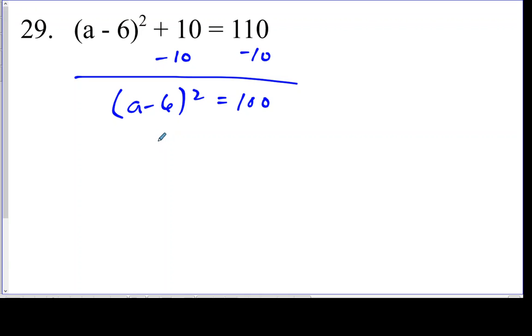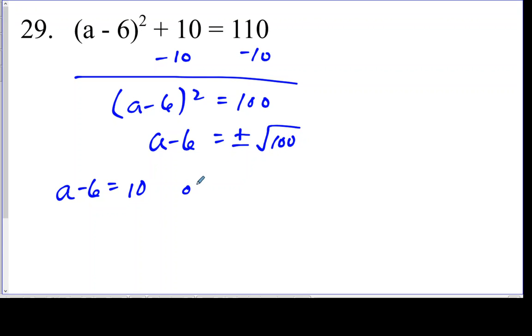Well, the square root of this will leave you with a minus 6, and over here we can then take the positive or negative square root of 100, which is going to be 10. So I can say a minus 6 equals positive 10, because the positive square root of 100 is 10, or a minus 6 is equal to negative 10.